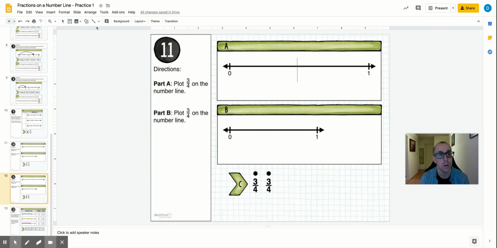I'll do this one with you. So now I'm going to divide this half in half. Yikes, my mouse is so sensitive. Plot this half in half, and then this half in half.